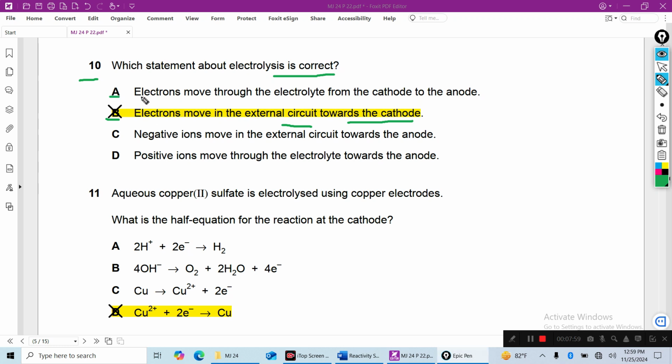Why is A wrong? Electrons move through the electrolyte. The electrolyte moves ions, not electrons. This is wrong. C is wrong. Why? Negative ions move in the external circuit. This is wrong. Positive ions move through the electrolyte towards the anode. No, positive ions move towards the cathode, the negative electrode.